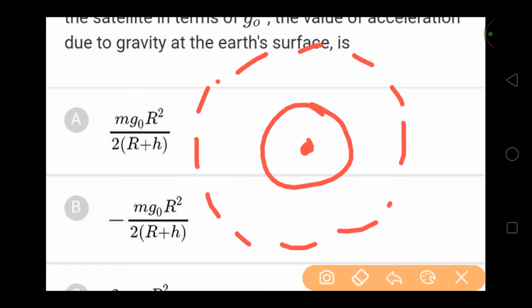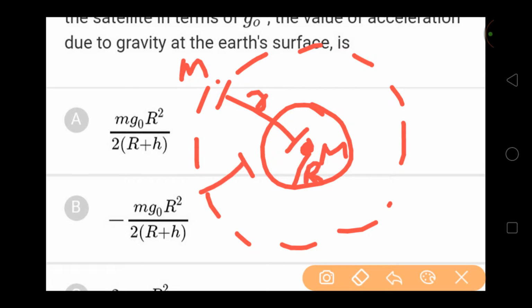This mass is capital M, this is small m, this is small r, radius is r. From the surface, it is at the height of h. Okay, diagram is clear.